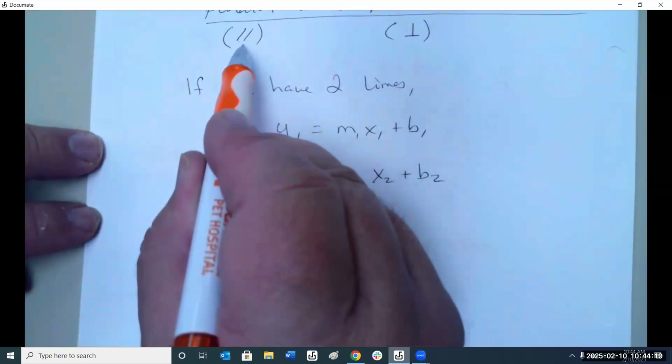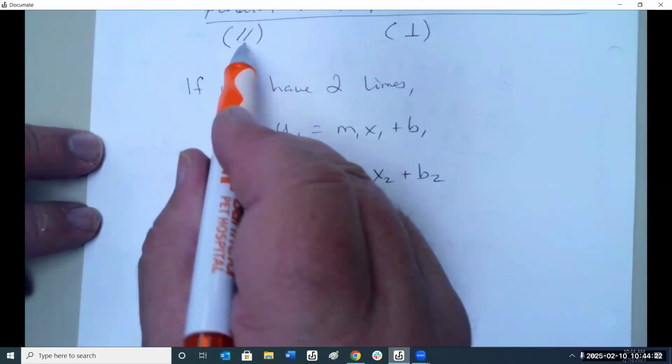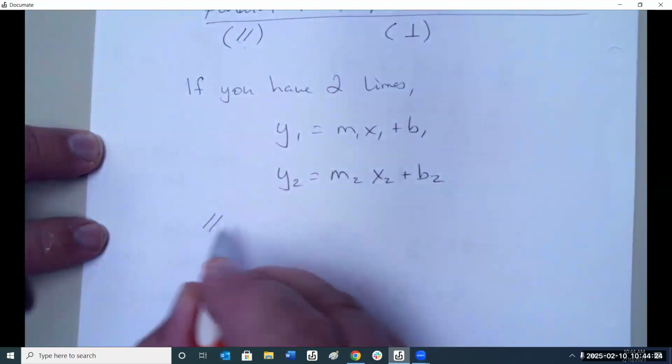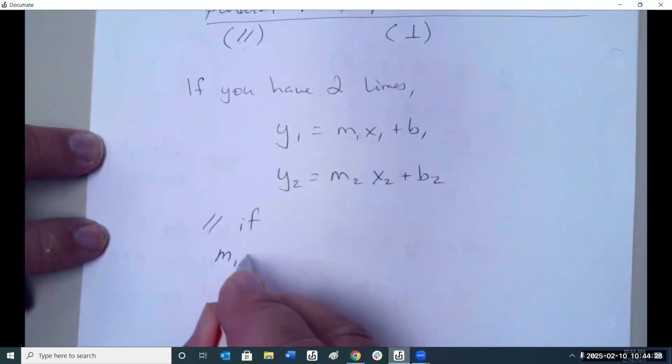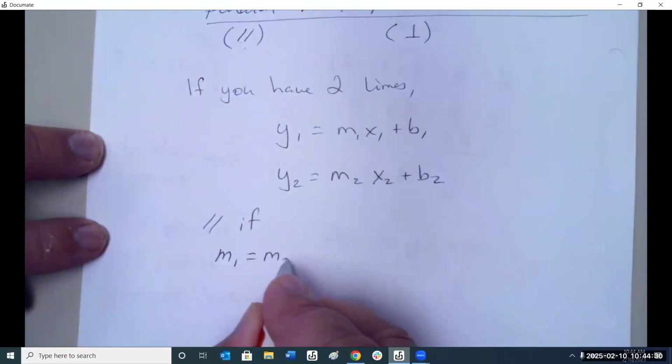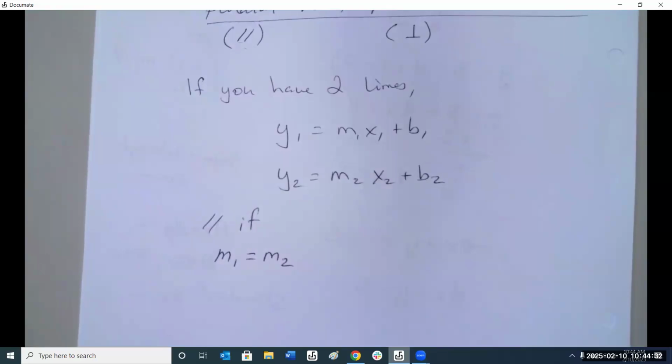Two lines are parallel if the slopes are equal.